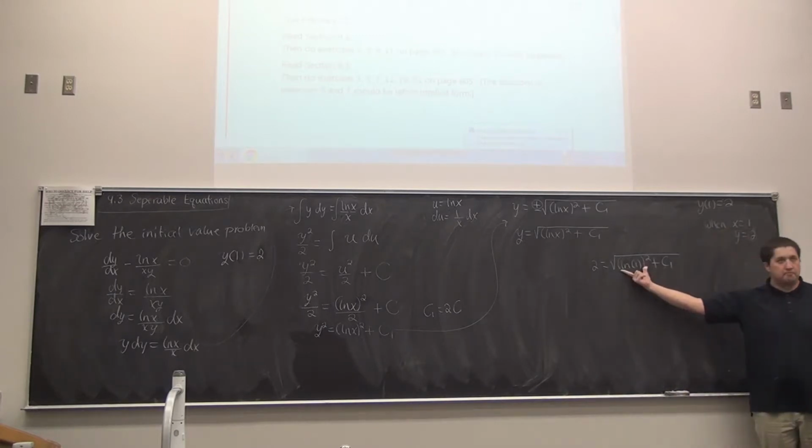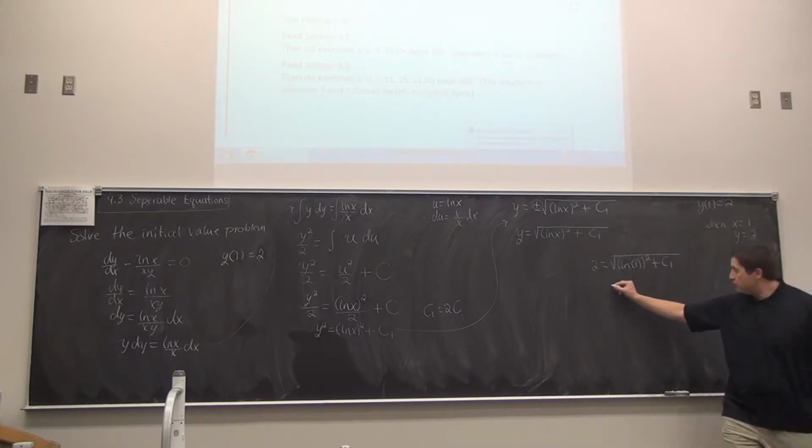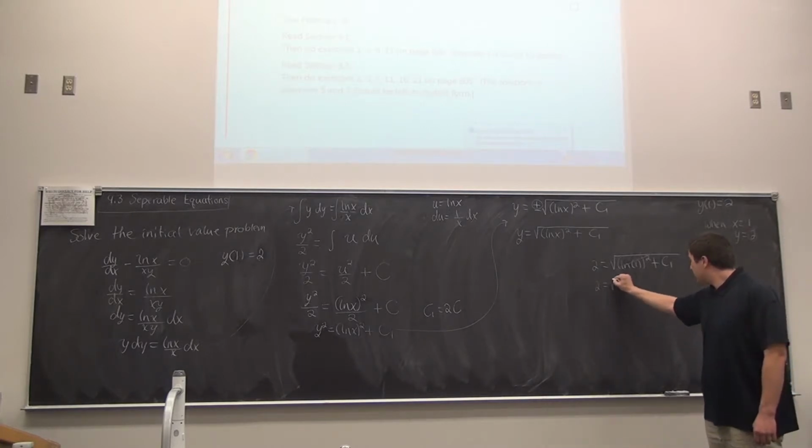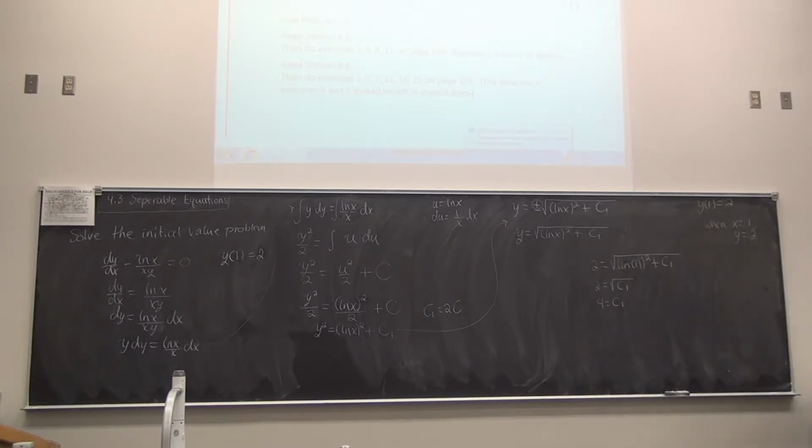But natural log of 1, again, comes up quite a lot because problems tend to be rigged to come out nice. What would natural log of 1 come out as? 0. Yeah, so this whole entire quantity is just 0 itself. So now the problem is reduced to 2 is equal to the square root of c1, and if we square both sides, we have 4 is equal to c1.